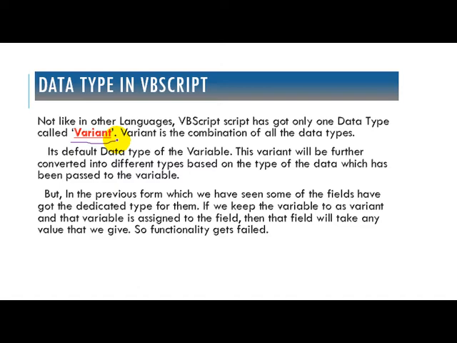So when I make that a variant, my scenario will fail, because my user requirement is that it has to take only a date value. No other value should be accepted. So if I keep that field as a variant, the scenario will fail. The user requirement will not match here.